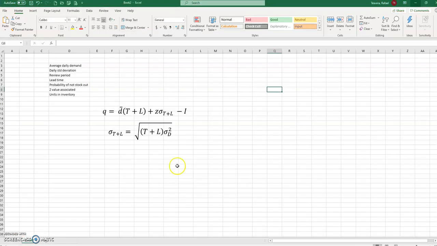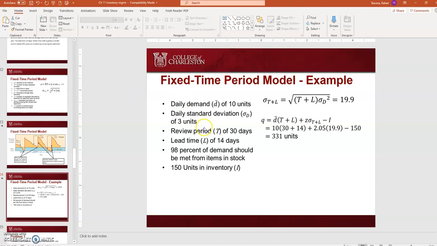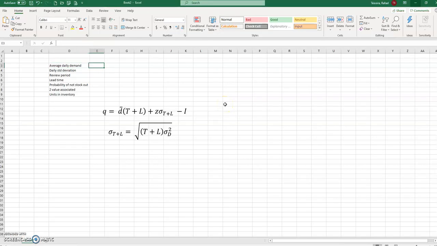So when I go to Excel and type all this information here, let's take a look at the pieces of information that we need. The average daily demand, D bar, is 10 units.